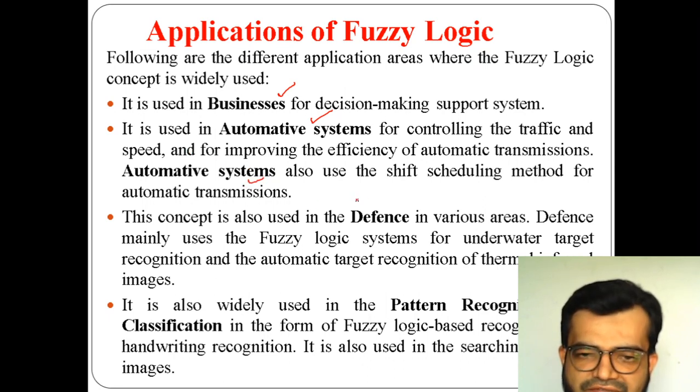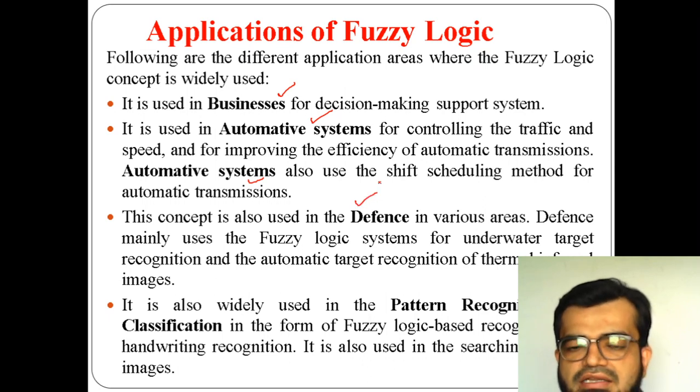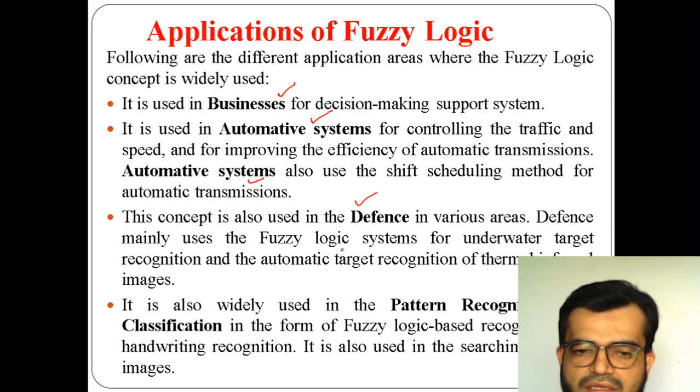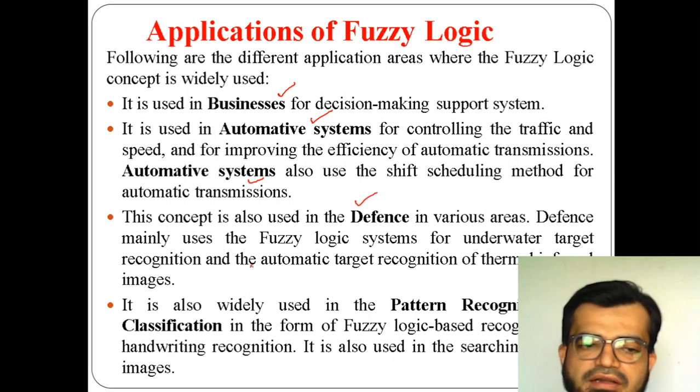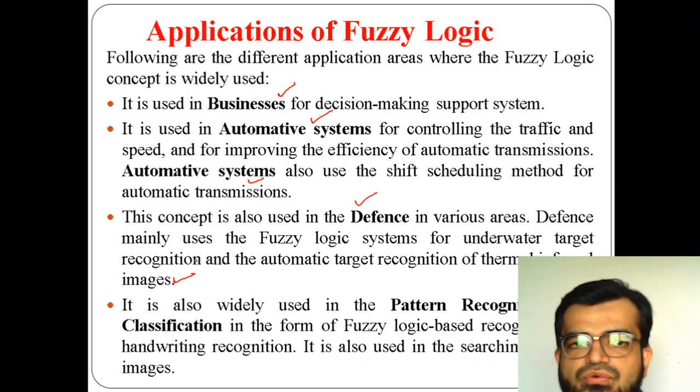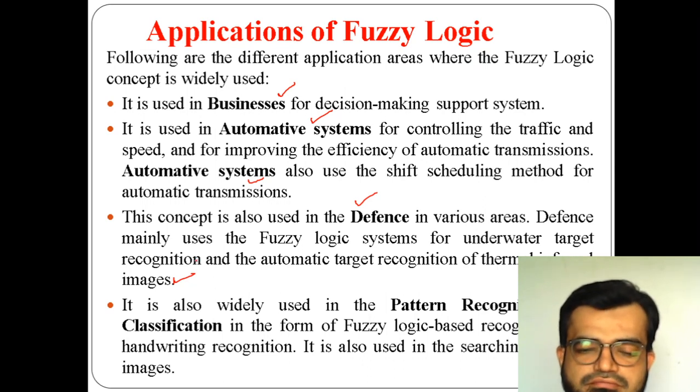It will be used in defense, mostly especially in underwater target recognition, and the next thing is thermal infrared images. To get this kind of level we are using fuzzy logic.